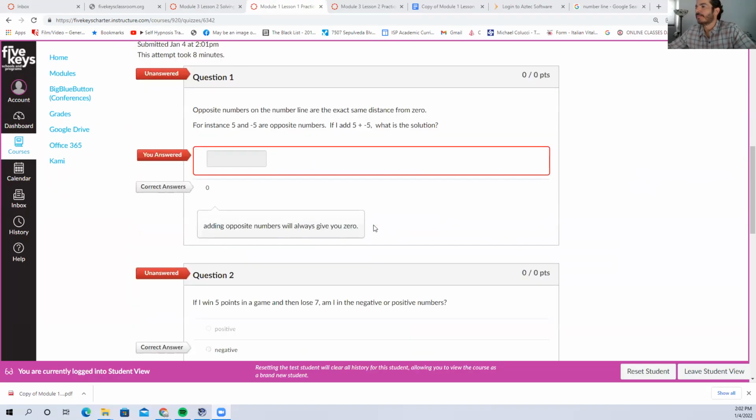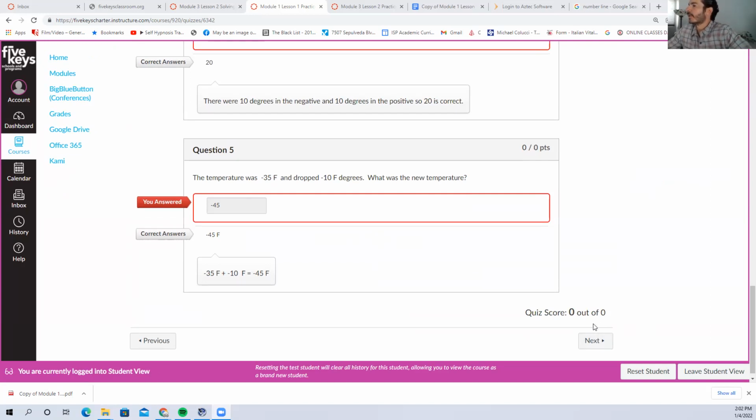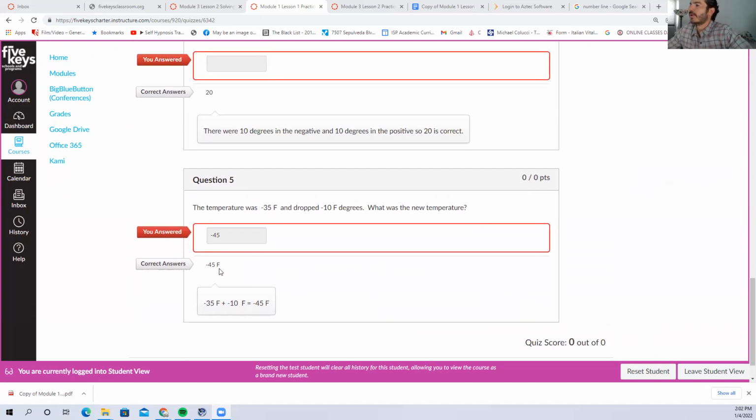It won't let me do it. Never mind. Look, even if the oh wait, it did. Okay. So they want you to put the F there in order for it to be correct, which is silly. I'm going to look at these quizzes, so I would have given you the correct answer if you had just said -45.